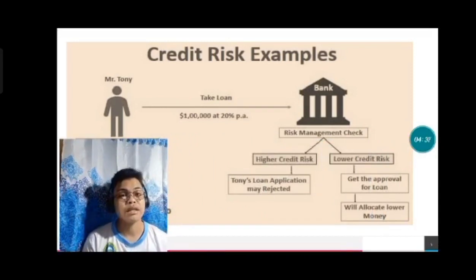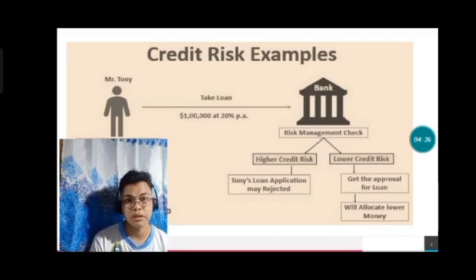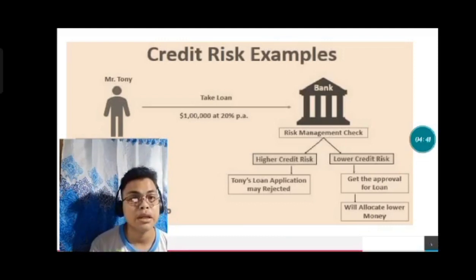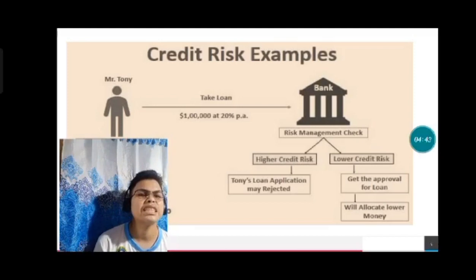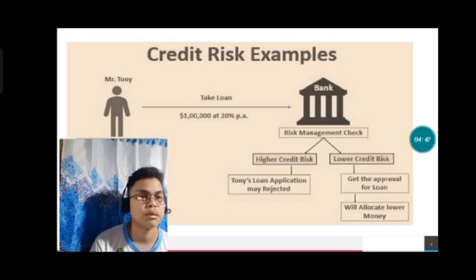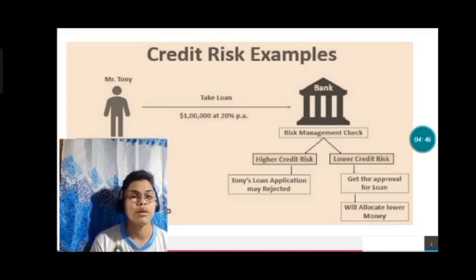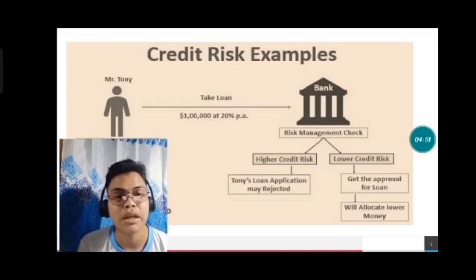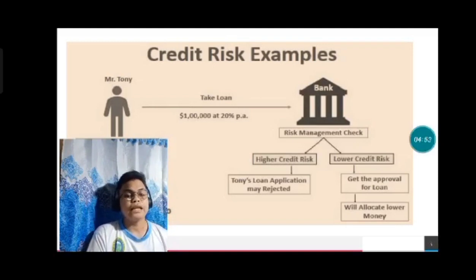The bank will determine the higher credit risk and the lower credit risk of Mr. Tony. With higher credit risk, the application may be rejected, and with lower credit risk, he gets approval for the loan and will also be allocated lower money. So that is the credit risk example.